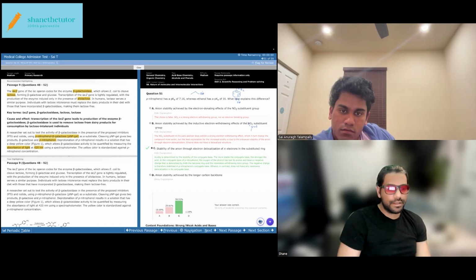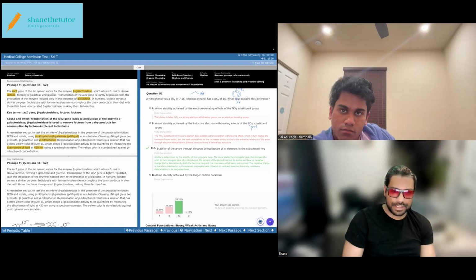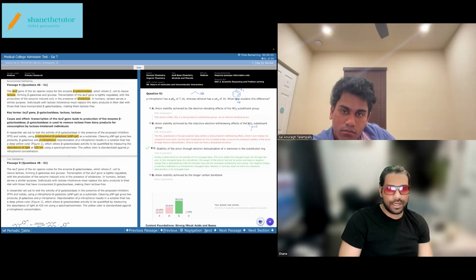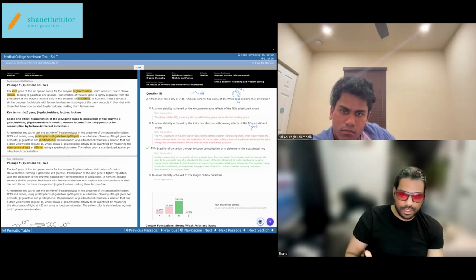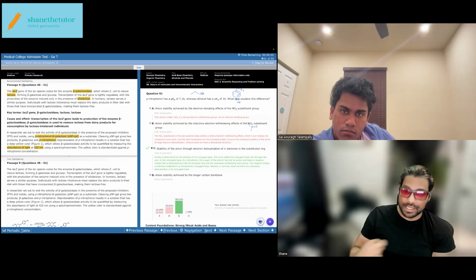And you know that resonance is the main primary thing that causes stability, and that's the main difference between the two. So A is right, but it doesn't best explain the difference, because they're asking what best explains this difference. What best explains the difference is the resonance of the benzene.